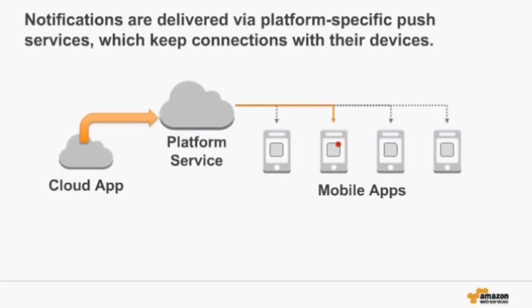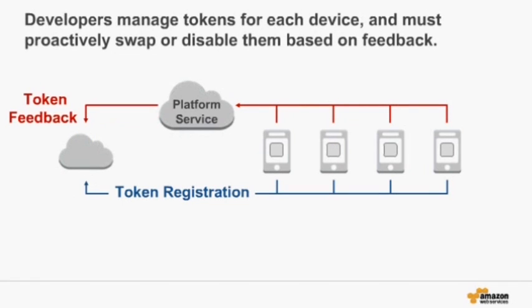But in addition to making your life easier, it involves some extra complexity that developers today have to deal with. For example, the platform services ask you to maintain a list of all the tokens of all the devices that you have been authorized to send mobile push notifications to.